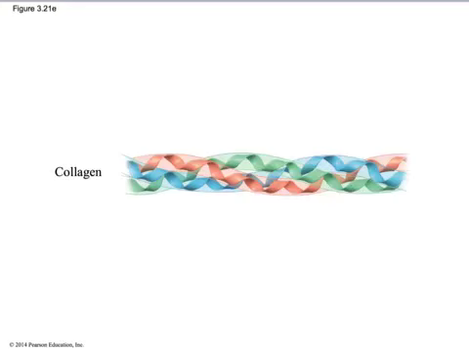This is an example of, this is collagen. Collagen are helical proteins that function in subunits. So you have a trimer. Three subunits work together to form the functional collagen protein. This is an example of quaternary structure.